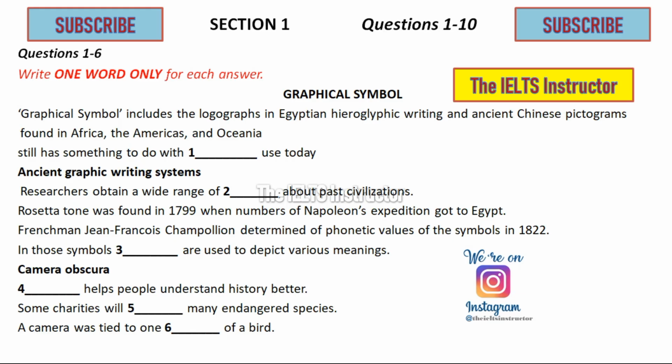Section 1. First, you have some time to look at questions 1 to 6.